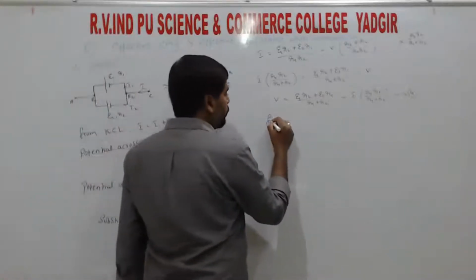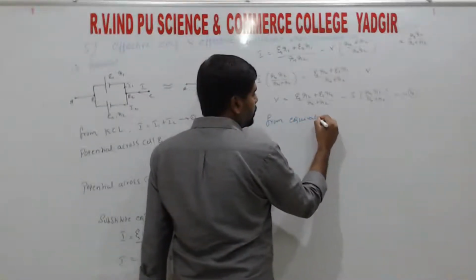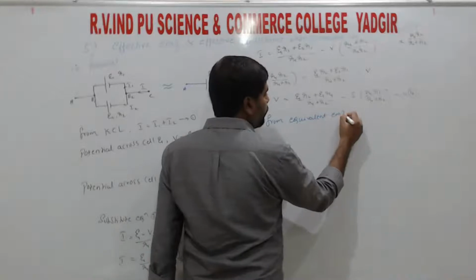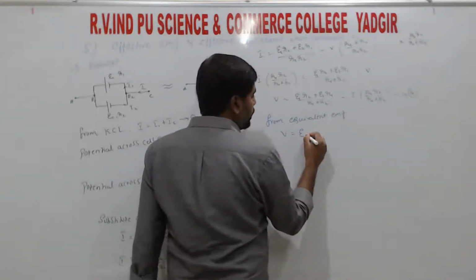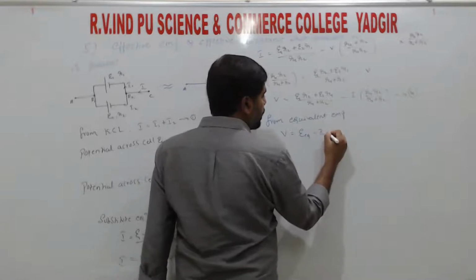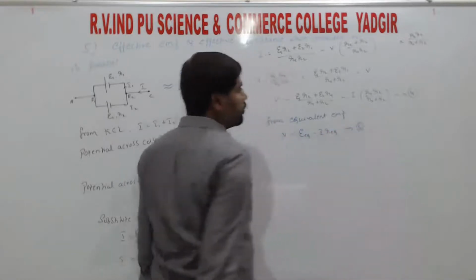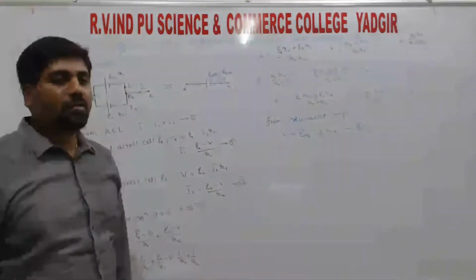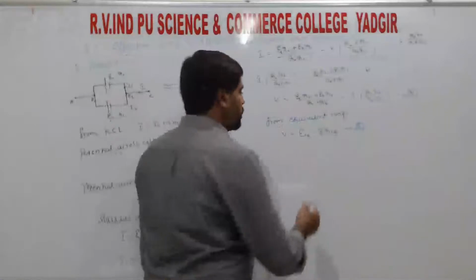So from the equivalent EMF, V is equal to E equivalent minus I R equivalent, right? Call this the fifth relation. Now compare relation 4 with relation 5, right?